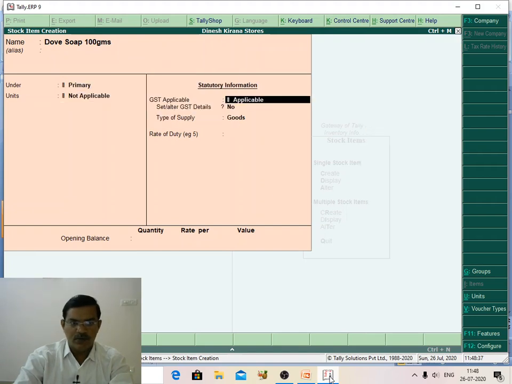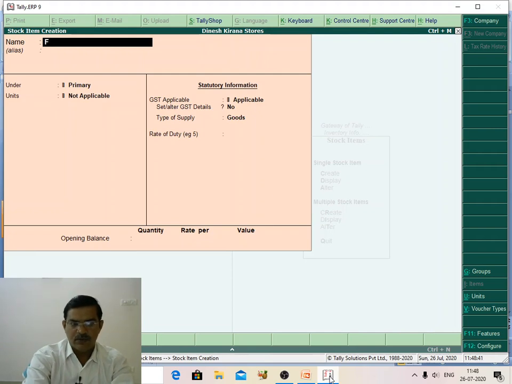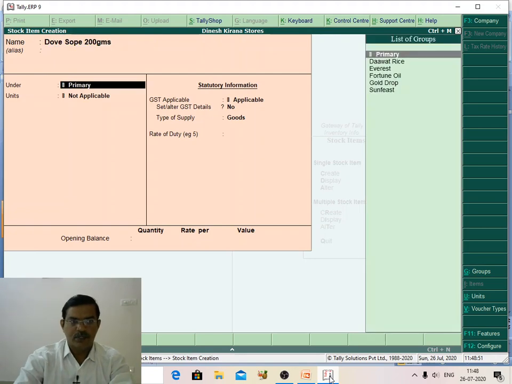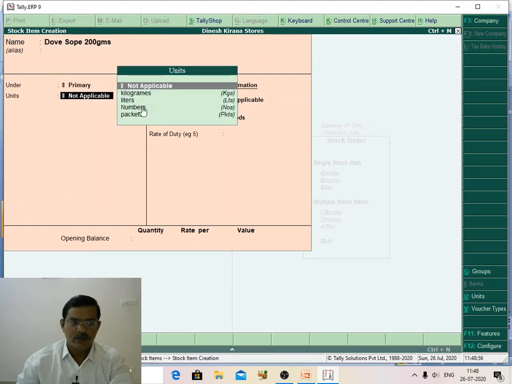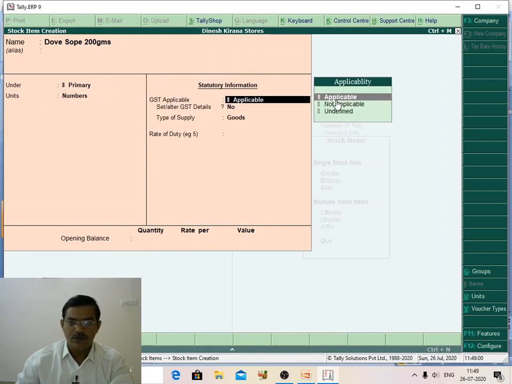Now the second one, Dove soap 200 grams. It is also under Primary. You can measure it in terms of numbers only.